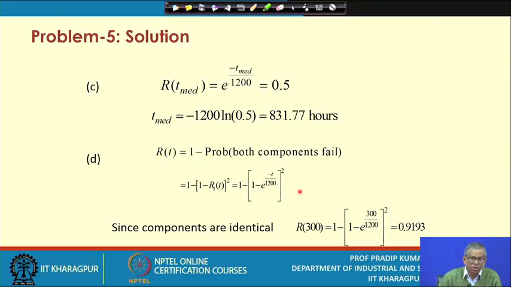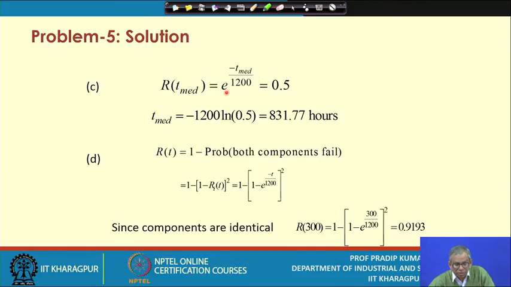And this one, R(t), is 1 minus the probability that both components fail. This refers to part D of the problem. How do you express the reliability? It is 1 minus the probability that both components fail simultaneously. For each one, the failure probability is 1 minus R(t). For both components, we multiply, so 1 minus R(t) squared. For R(t) you have e to the power minus t upon 1200.